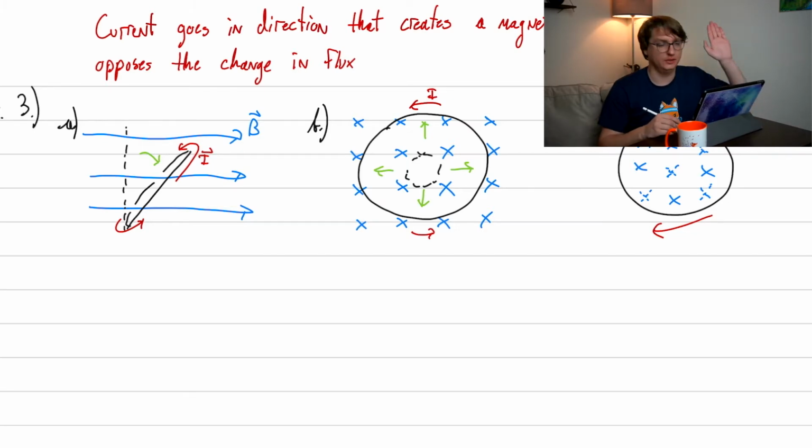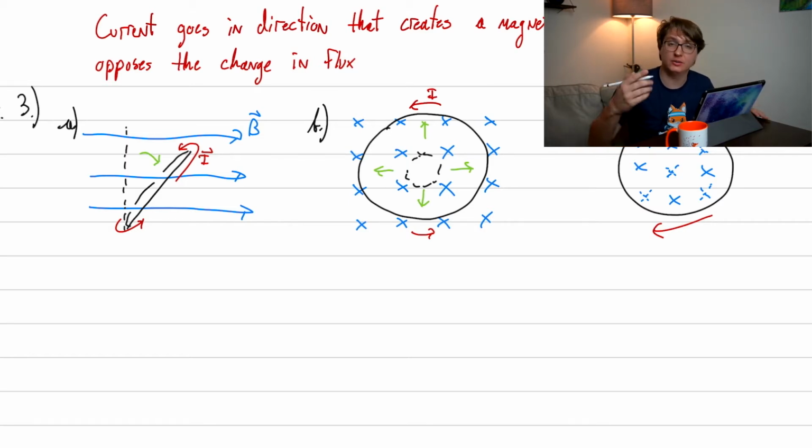I'm decreasing its cross-sectional area, so I'm decreasing the magnetic flux. The magnetic flux goes down. It doesn't like the magnetic flux going down. It actually wants to keep it the same, so it's going to make a magnetic field pointing in the same direction as it's already going.